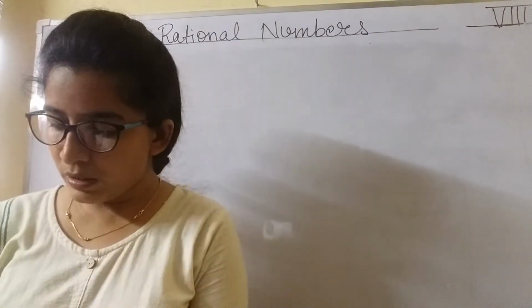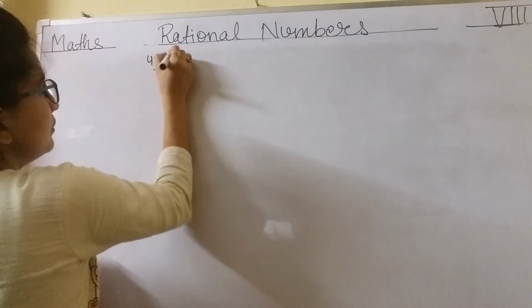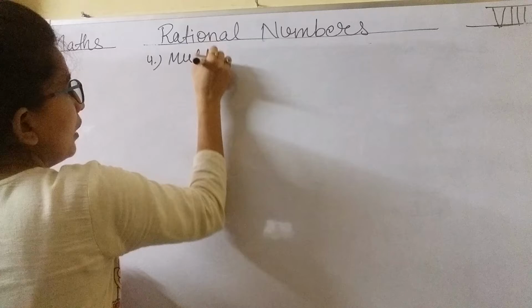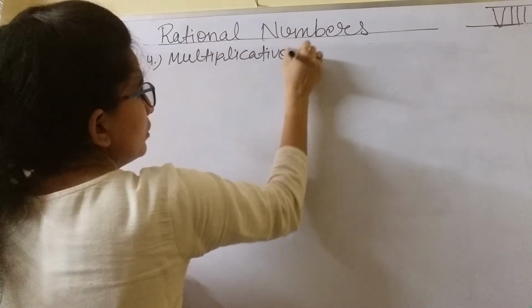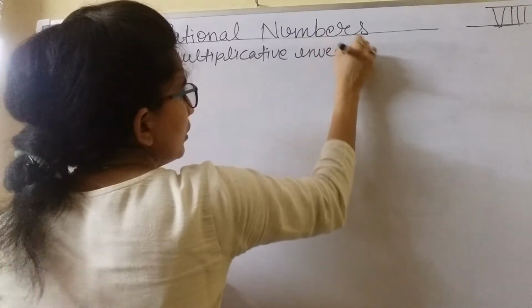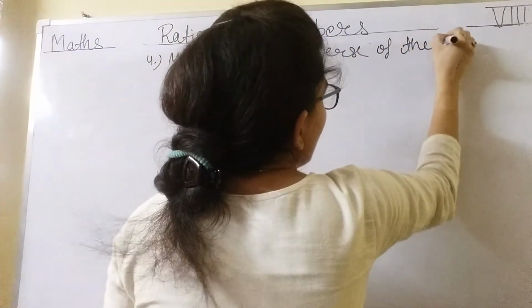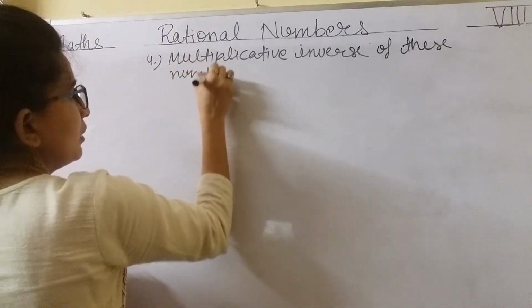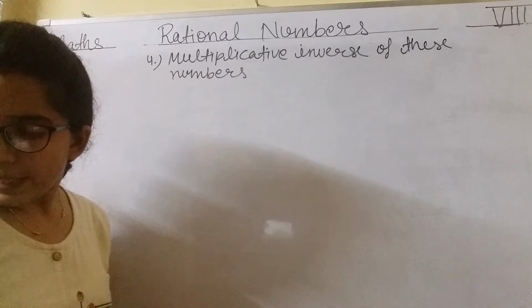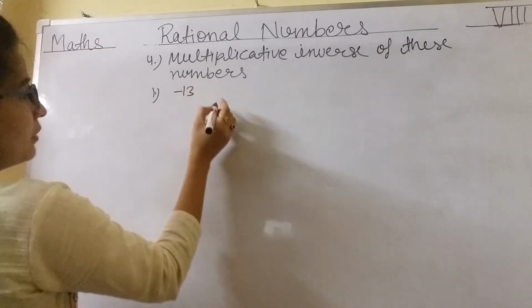Now the next question is, we have to write down the multiplicative inverse of these numbers. The very first number is minus 13.